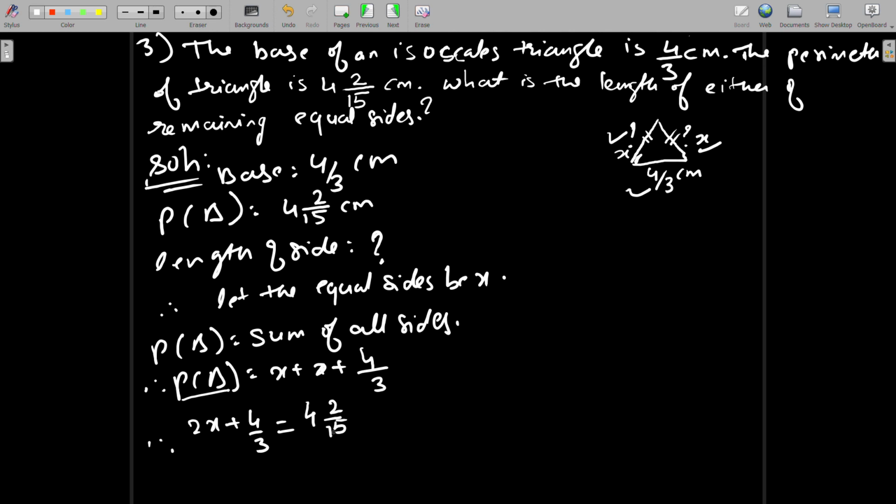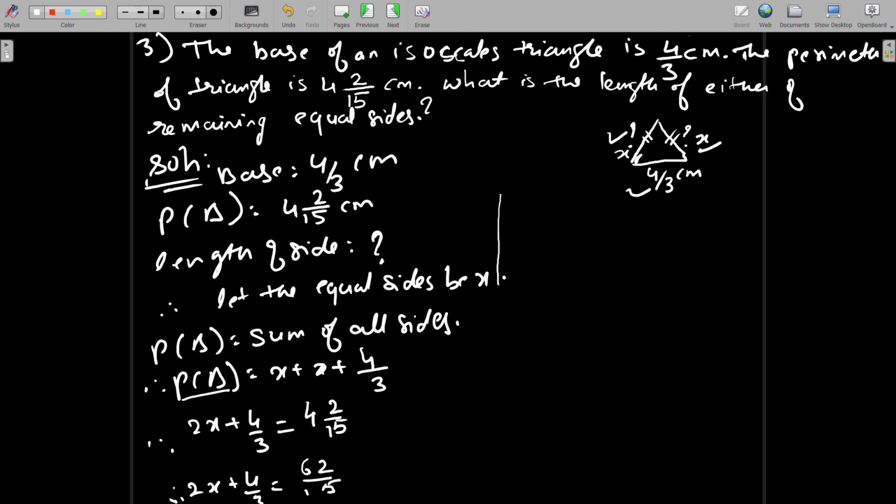Now when we solve this 4, 2 by 15, we get 2x plus 4 by 3 is equal to 15 fours are 60, 60 plus 2 is 62, so it is equal to 62 by 15.